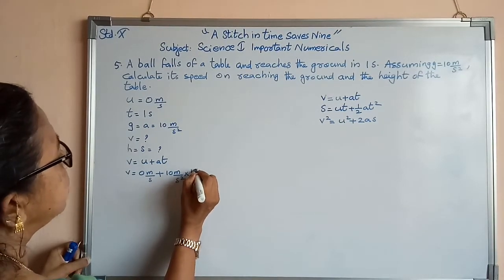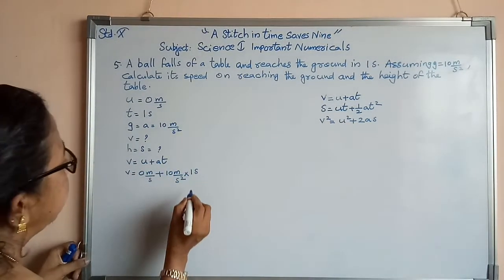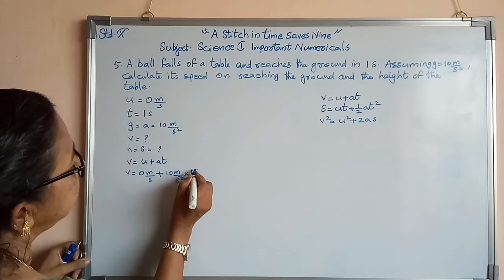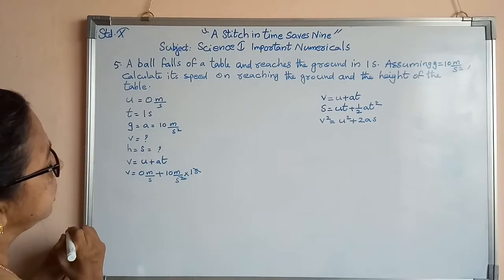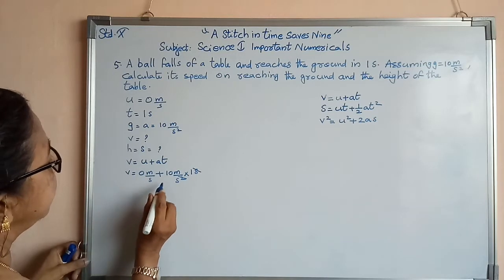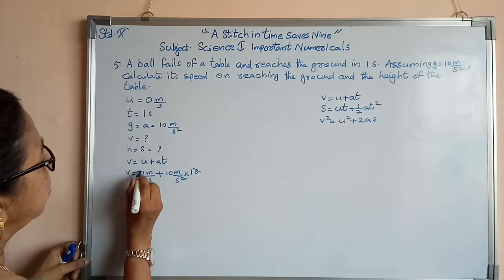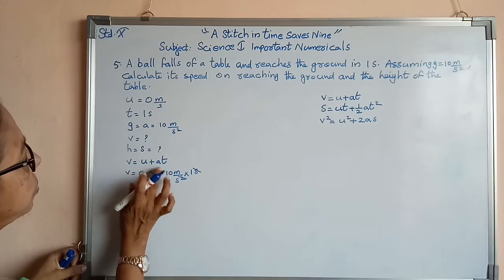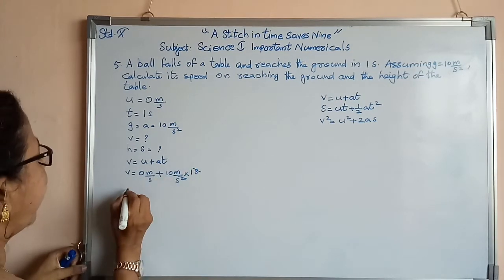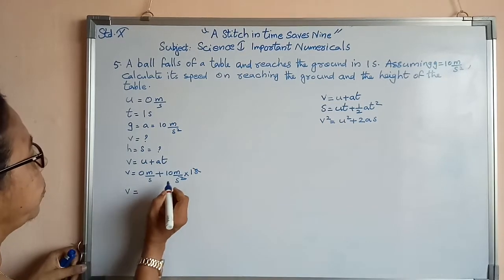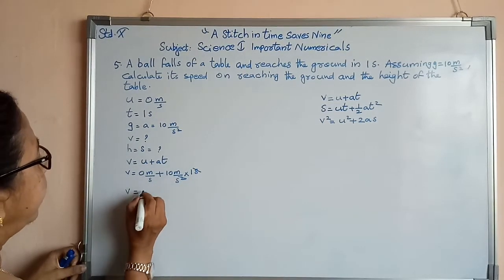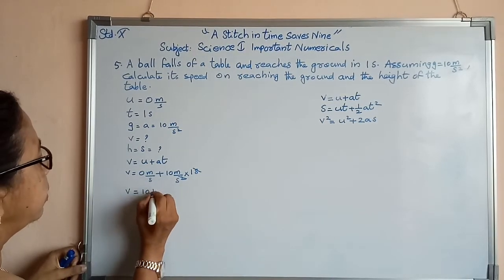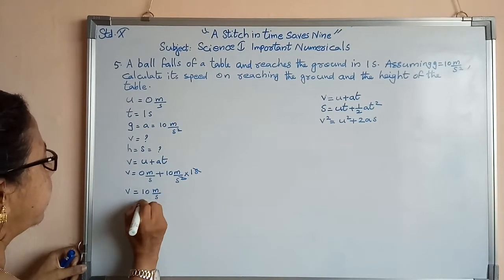T means 1 second. Here now this square and this second I am cancelling. After that, what is there here now? This particular part also I am removing, because 0 meter per second means 0. So this part also I am removing. The remaining values we will put. That means v is equal to now 10 meter per second.